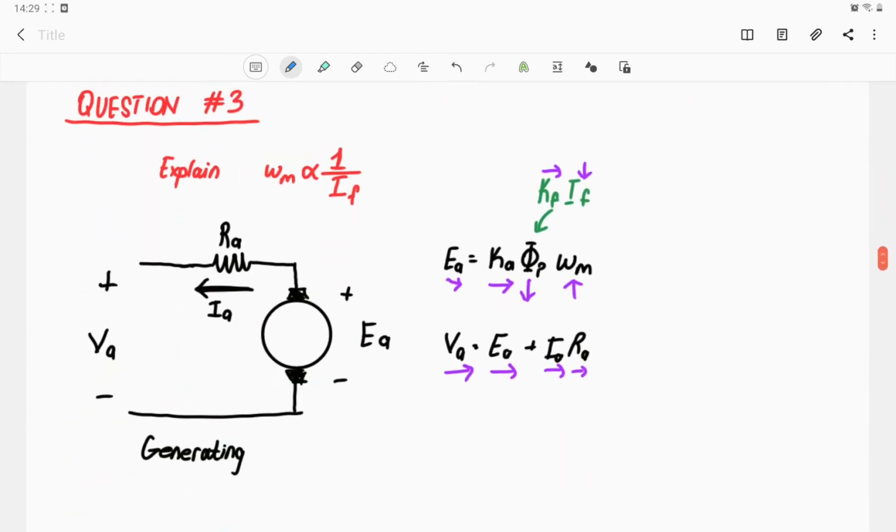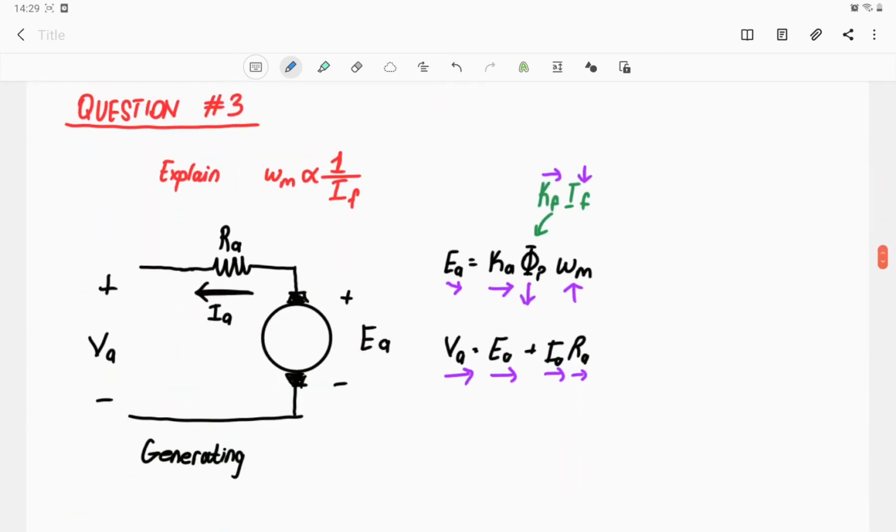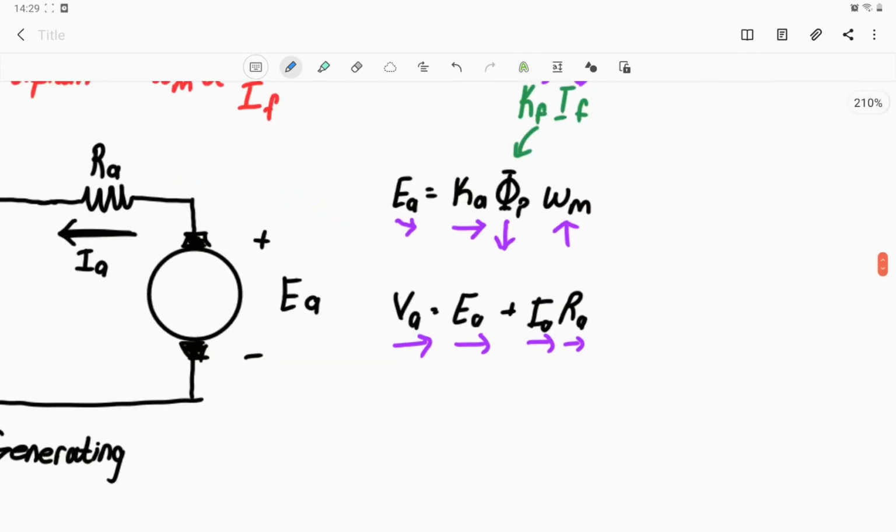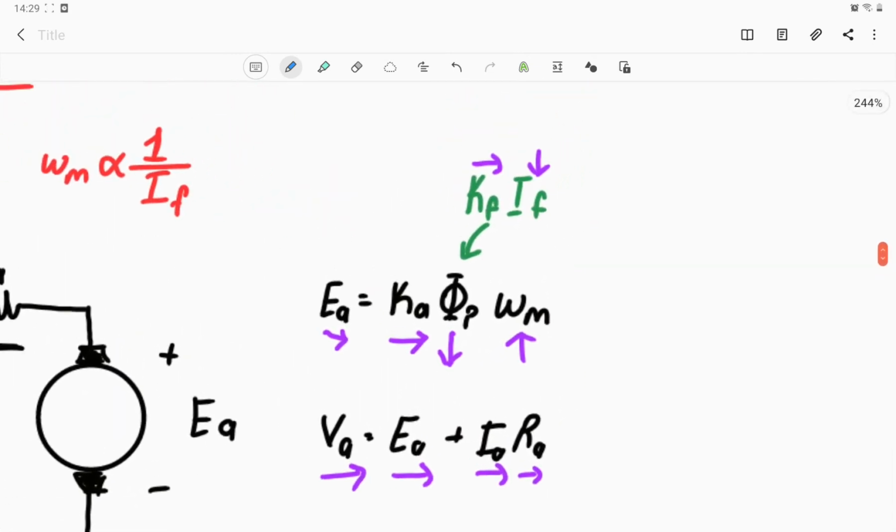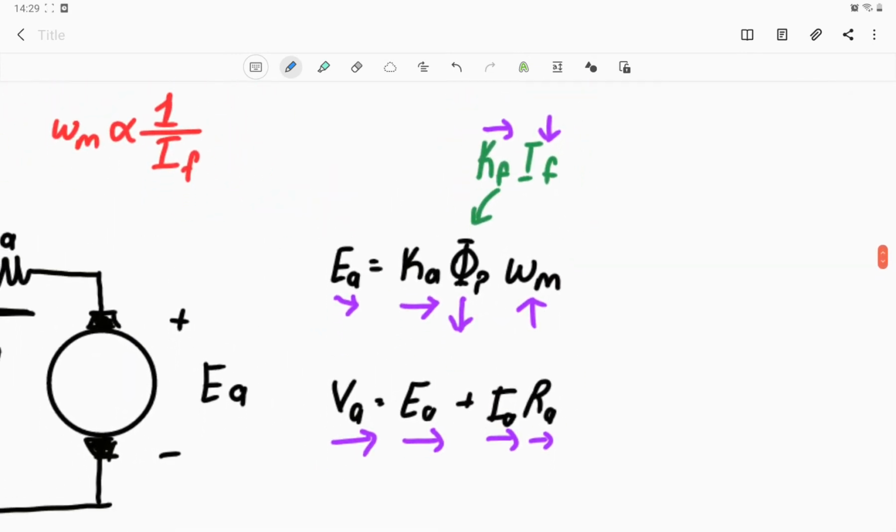For question 3, we were asked to explain why, even though we decreased the field current, we saw that the rotational speed increased. The reason for this is, let's look at the equations. We know that EA is the result of KA, the flux, and the rotational speed.